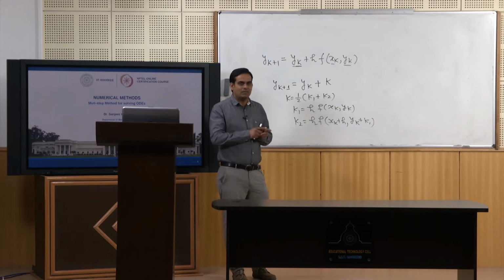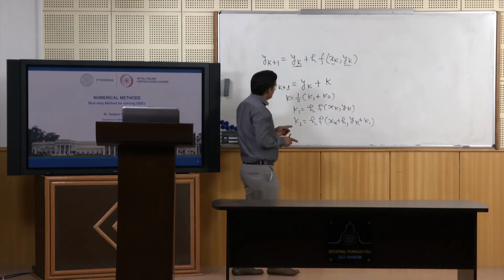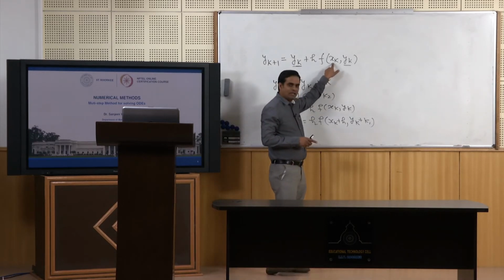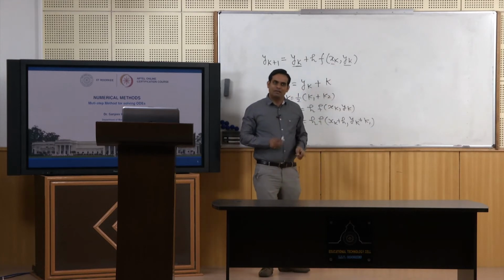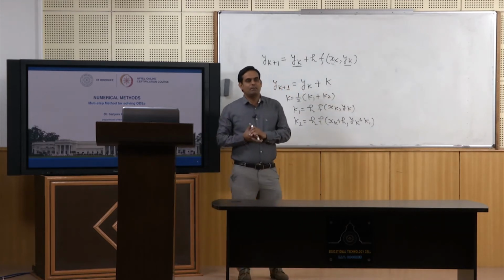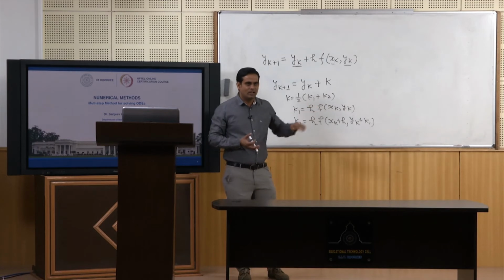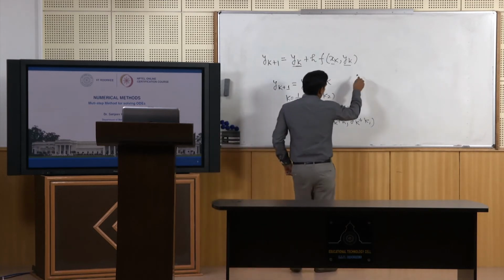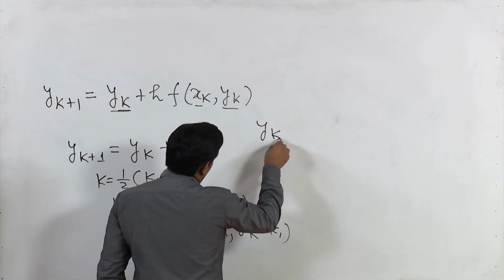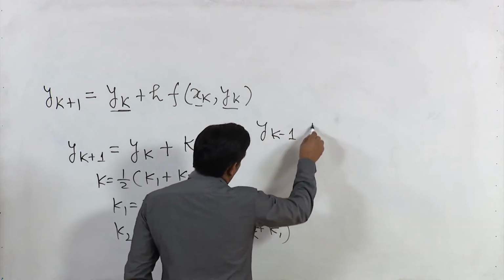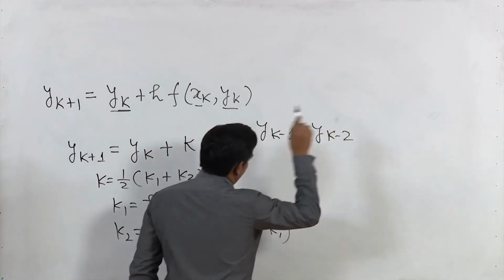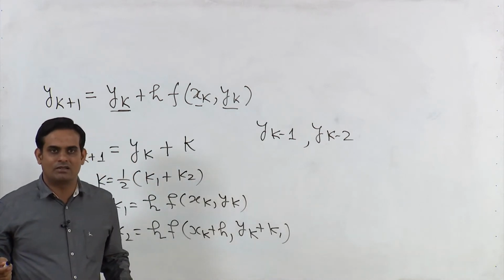However, in a multi-step method we will use not only the value of the current iteration, but also the values of some previous iterations, like the value at x equals xk minus 1, at x equals xk minus 2, and so on.